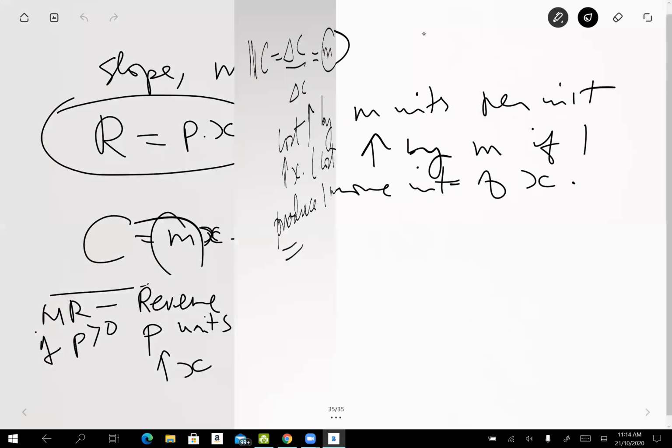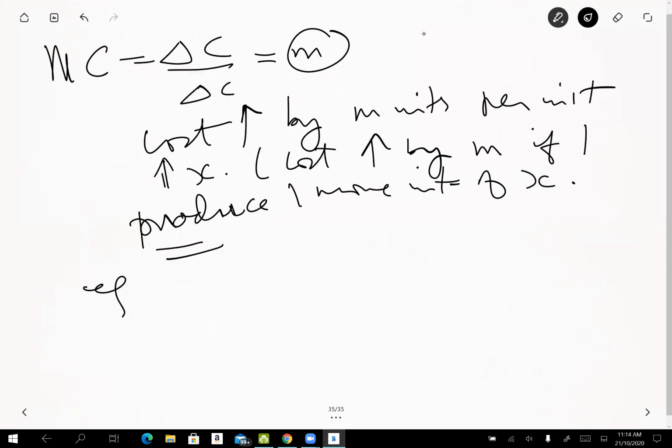I'll give you an example of revenue. Let's say the marginal revenue, or the slope of the revenue function, is equal to 100, like what we had earlier. What does it mean? Of course that is the price.